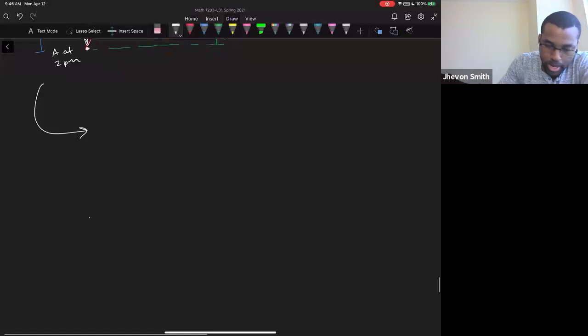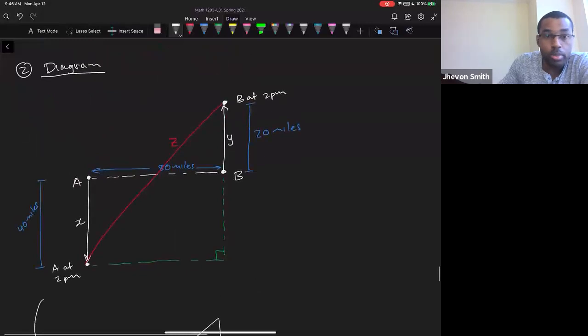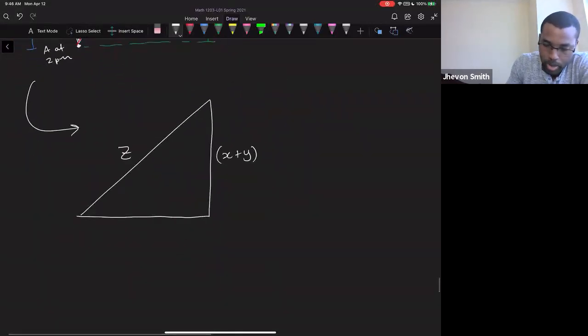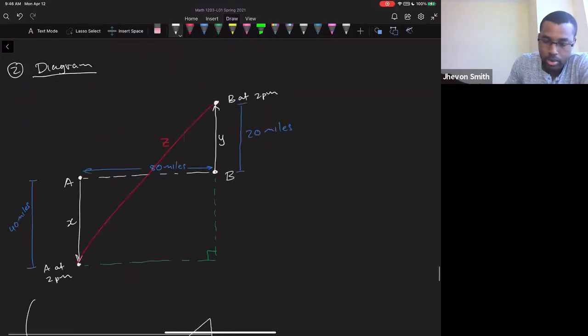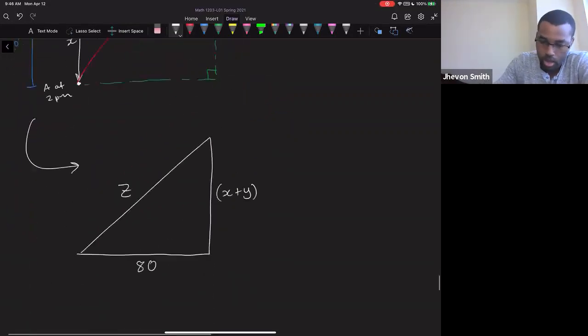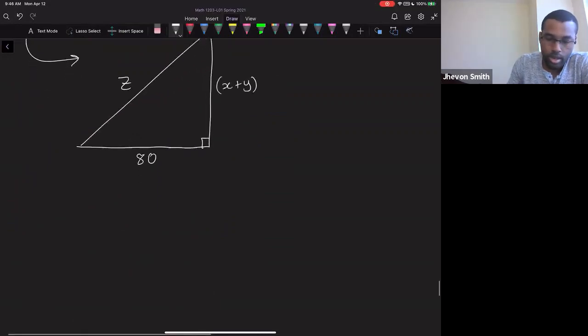That's just one big right triangle, where this here is Z, this part here is X plus Y, because it would be the B length plus the X length. And this part here is going to be 80, because they were 80 miles apart and they're traveling vertically. So the horizontal distance is not going to change. So we have that. That's our diagram.